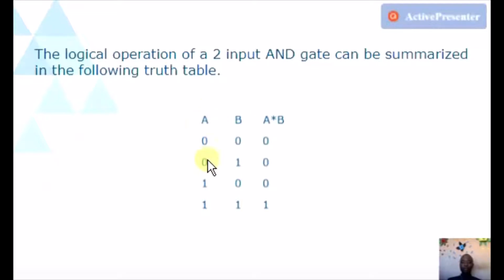Now, how do we come about these 4 digits? 1, 2, 3, 4 digits. We come about it just like we explained in the last lecture. We get it through the formula 2 raised to the power of n, where n is the number of inputs. Here we have two inputs, A and B. That means our n is 2, and 2 raised to the power of 2 gives you 4.